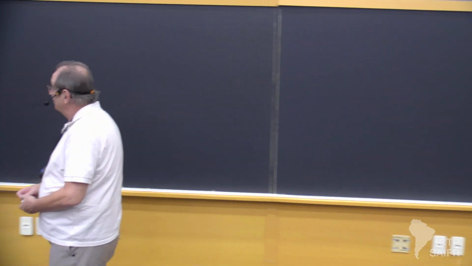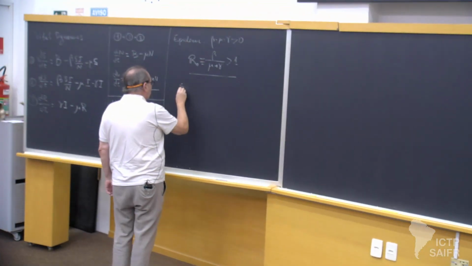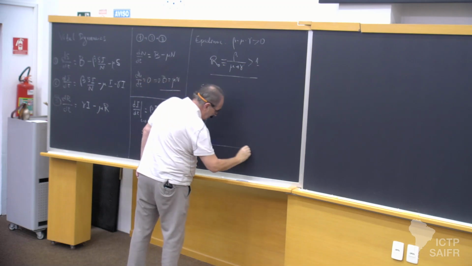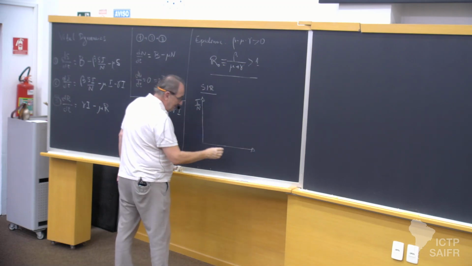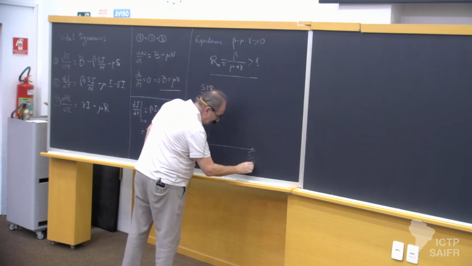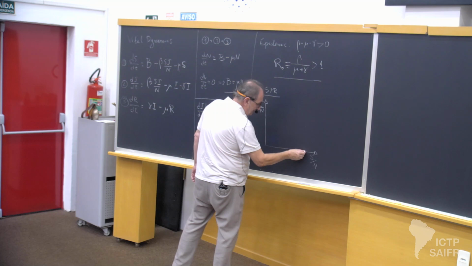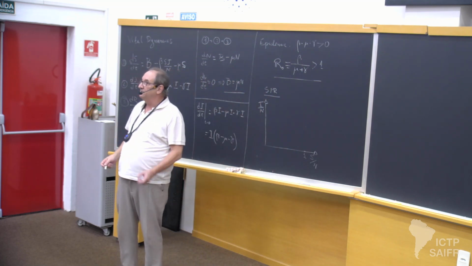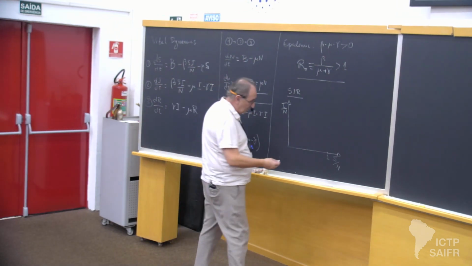And now, remember yesterday that plot, SIR model, where I've put I over N here and S over N here. And here at 1 is the starting point of the epidemic when S is equal to 1.